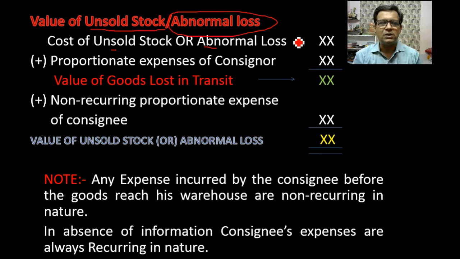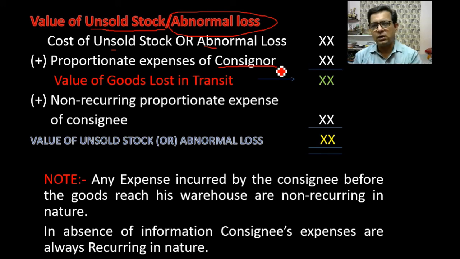All right. Now let's look at this. It says cost of unsold stock or abnormal loss. To that, what we add is proportionate expenses of consignor. Understand, every expense incurred by consignor is non-recurring. So all the consignor expenses you have to add. All right, but proportionate, not the full value.